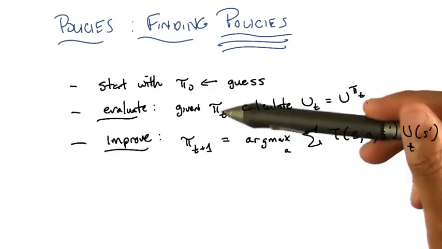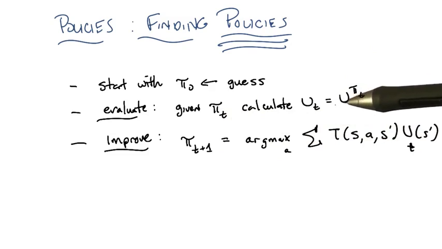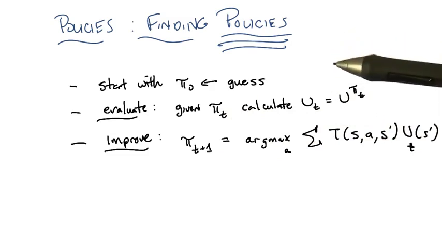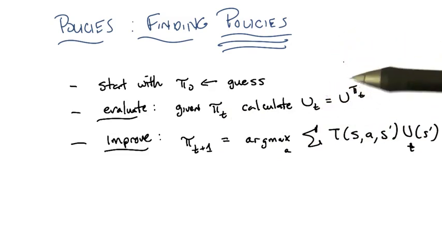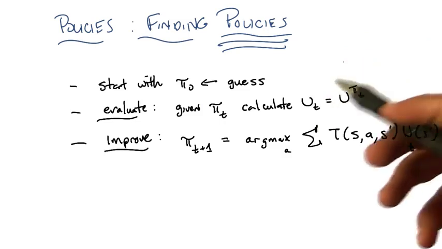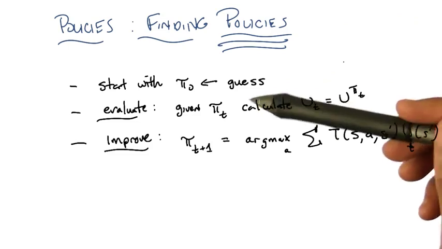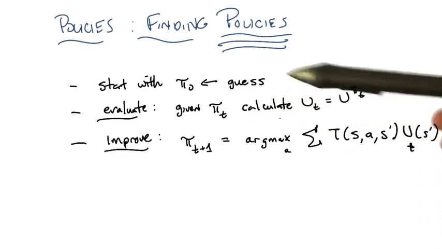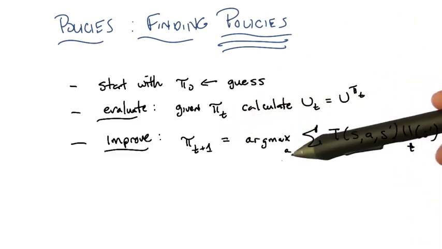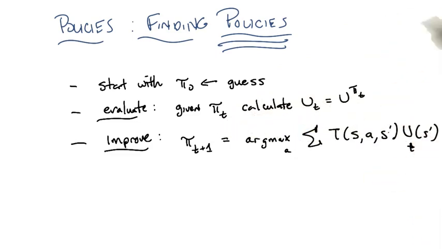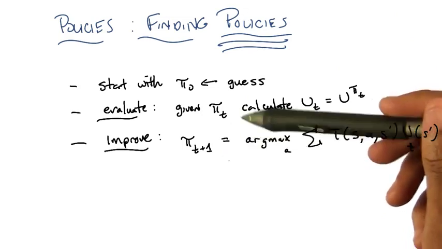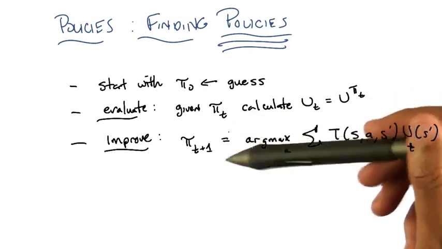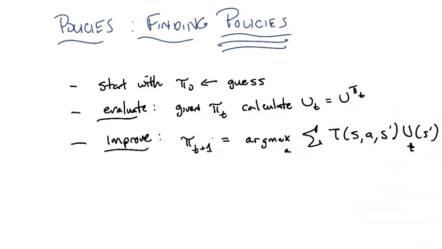Now, notice that will allow us to change pi over time, because imagine that we discover in some state that there's an action that's very good in that state, that gets you someplace really nice, gives you a really big reward, and from that point on you do fairly well. Well, then all other states that can reach that state might end up taking a different action than they did before, because now the best action would be to move towards that state. So these two steps can lead to some improvement of the policy over time.